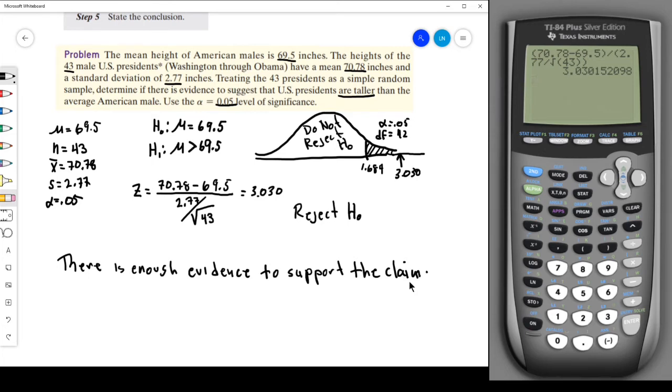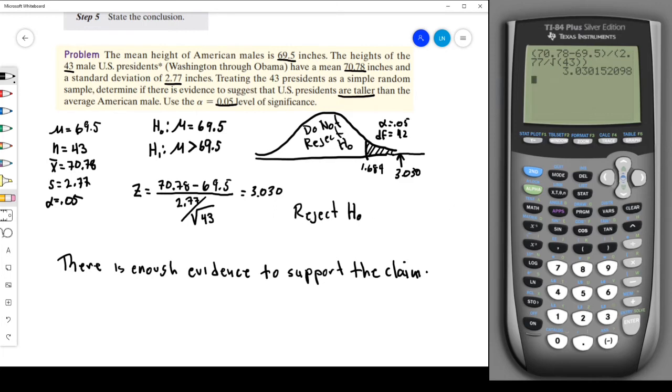There is enough evidence to support the claim that the height of the U.S. presidents is taller than or higher than the average American male. All right, so that is doing the problem using the classical method. Again, the only difference between what we did in the others is always in how you calculate the test statistic.